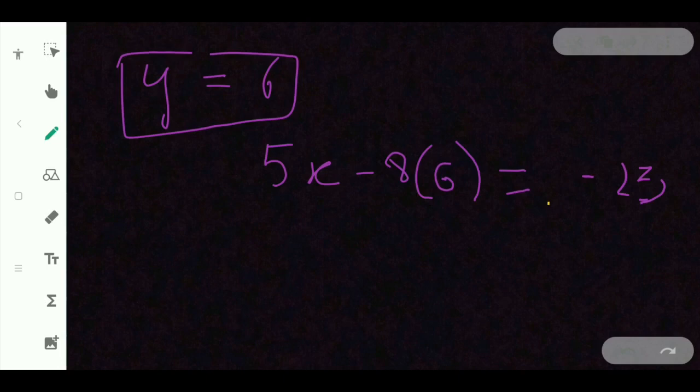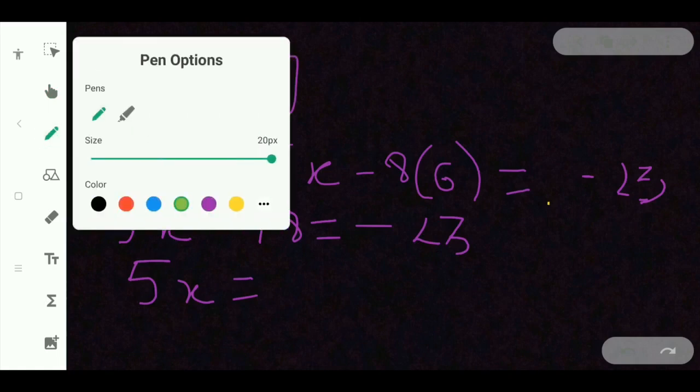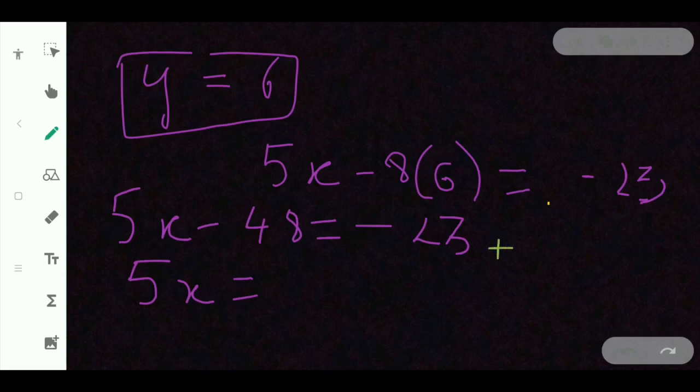So 5x minus 8 sixes are 48, 48 is equal to minus 23. 5x is equal to, I am transposing 48 onto the right hand side, so it becomes plus 48, and this 48 will be cancelled because it is transposed to RHS.